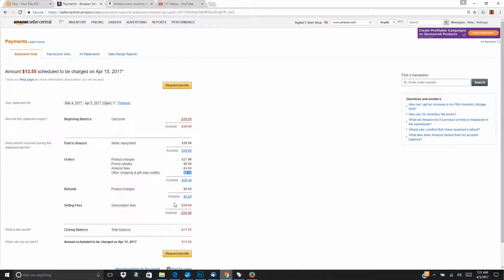Now, this only comes out one period, one of the two periods per month. Again, each period's about 14 days, so you'll have two per month. This will only come out one of them. And then I've got a total. In this case, it's a net negative, a net charge that, at this point, they would charge me $13.55, and I would have had an expense instead of a revenue.